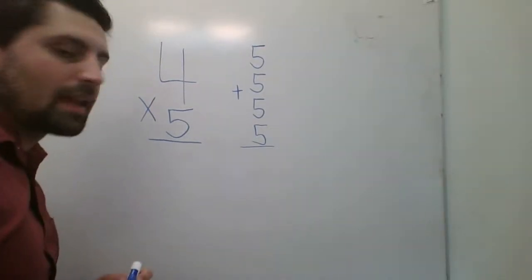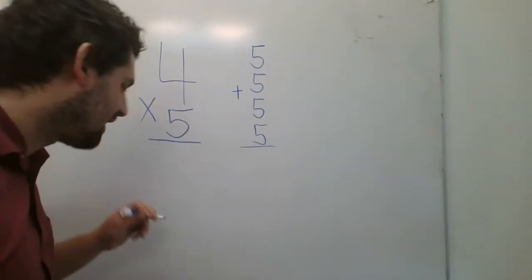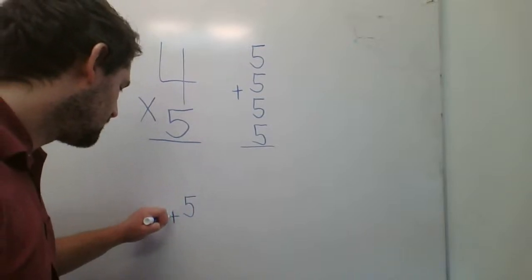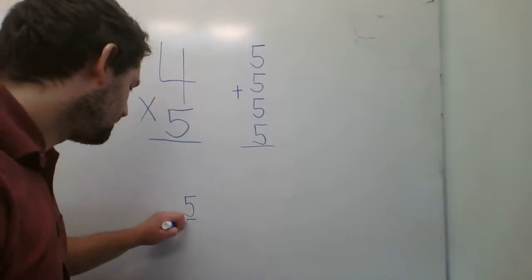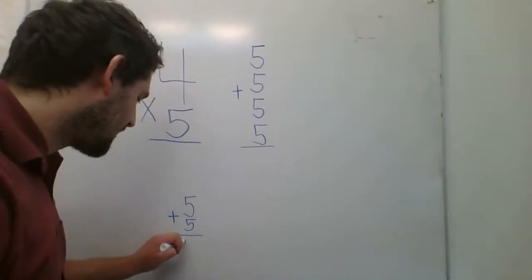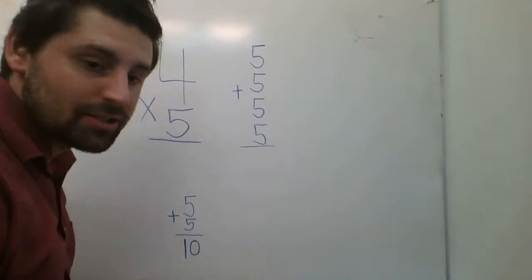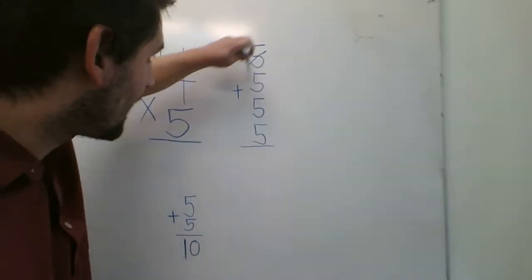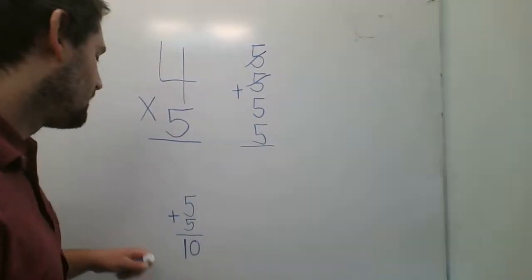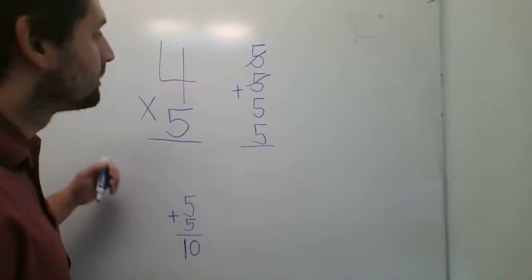All right, so step 1, we add 5 plus 5. 5 plus 5 equals 10. So I just added the number 5 twice. Added 2 groups of 5 together.